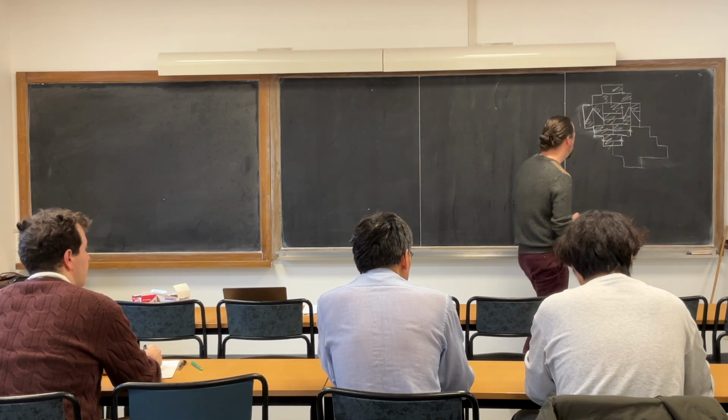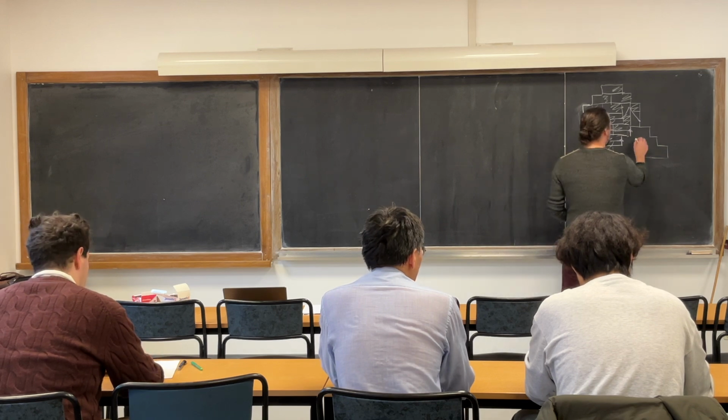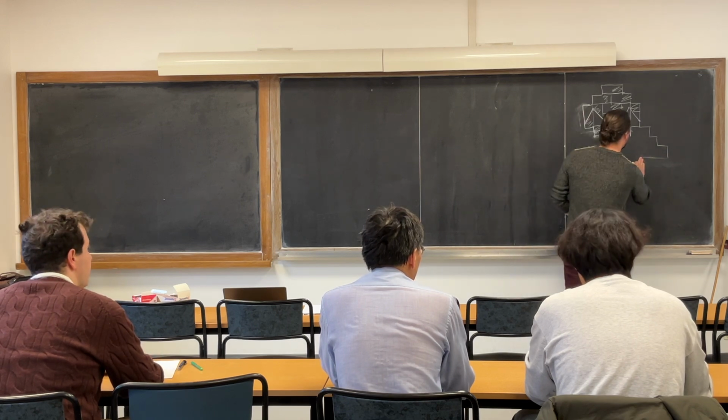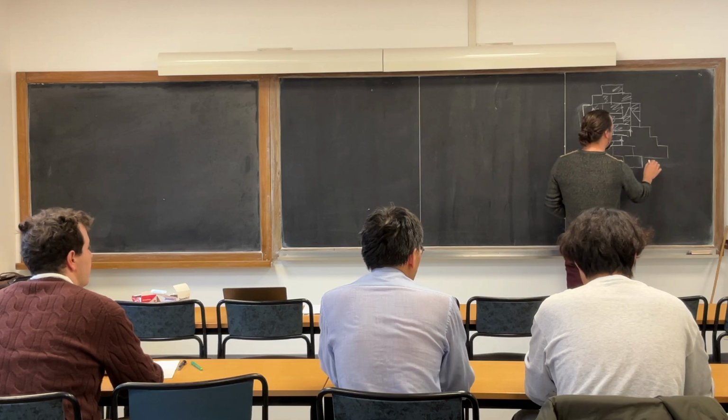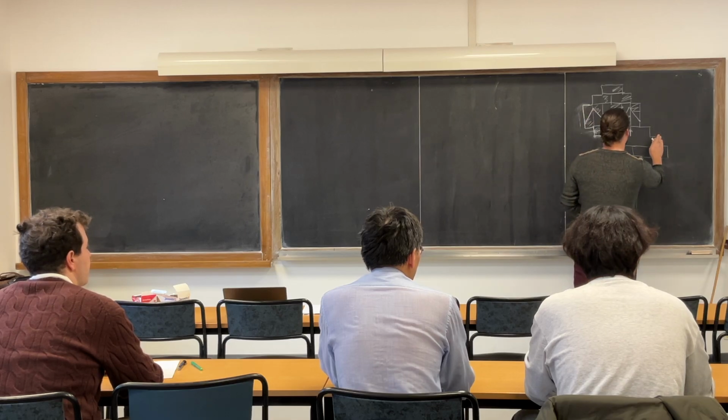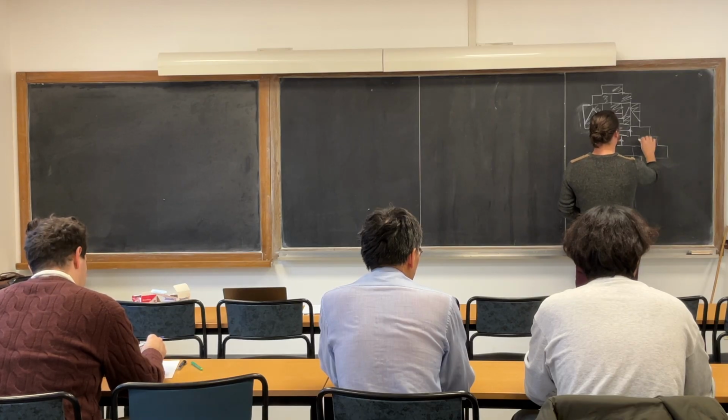Is this what I want to do? Because now there is only one way of tiling this. I probably should move this a little to the right. I think I have a slight problem here. Yeah, so it's okay. Yes, like that.